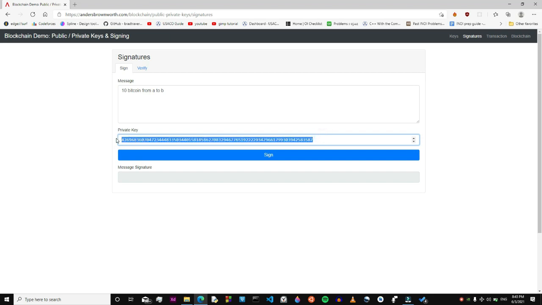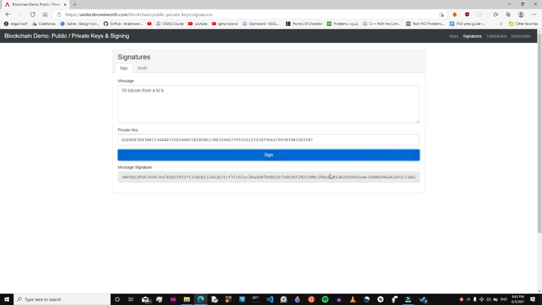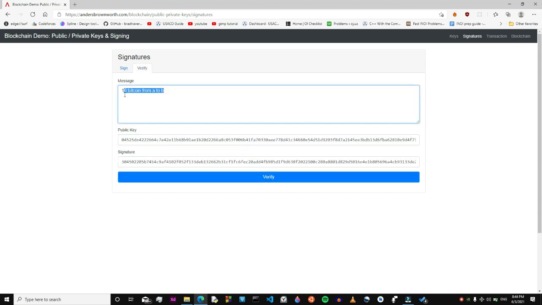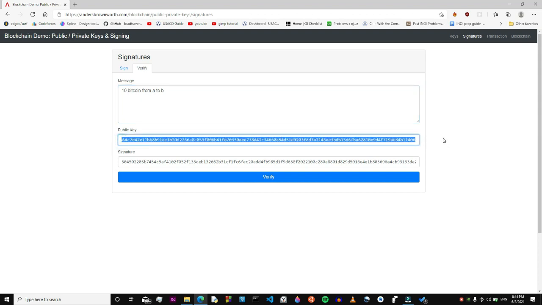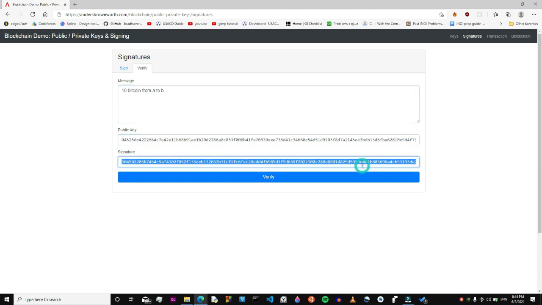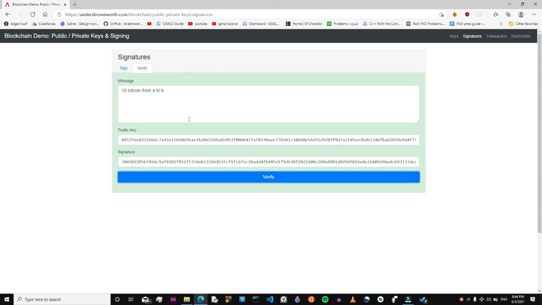I am person A and I want to send 10 bitcoins to person B, so I will have to put my private key out here which only I know, and then I will have to sign it. Okay, so here we get the message signature. This is the message, that I want to send 10 bitcoin from person A to person B. This is the public key of person A because he is sending the data, and this is the whole signature thing. Now let us verify it, and this is verified.